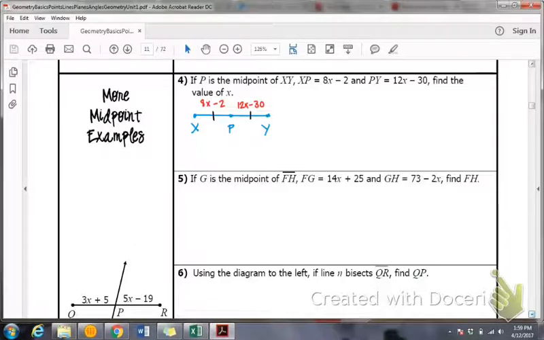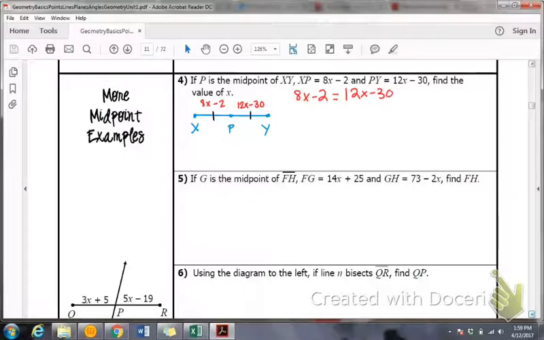Now, how are we supposed to find x? Any ideas? Say that louder, Katie. We're going to equal them to each other, right? Because if they're the same length, then they have to be equal to each other. Even though they don't look with the 8x and the 12x necessarily that they're the same, we know that they are equal because they are representing pieces that are the same, which means congruent in math and geometry.